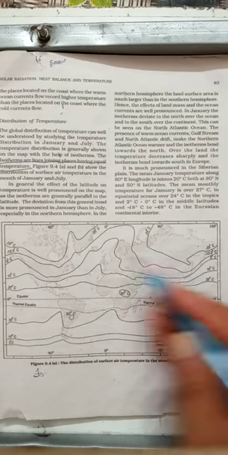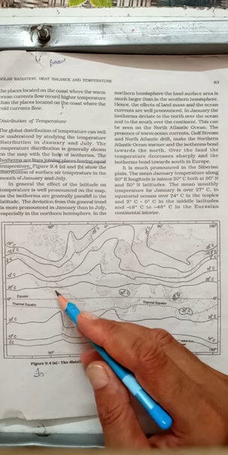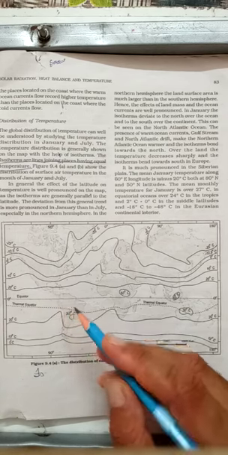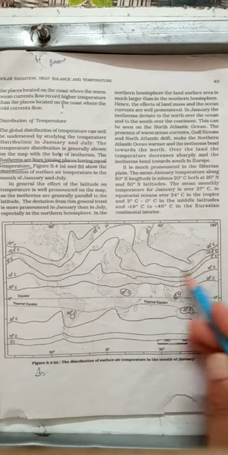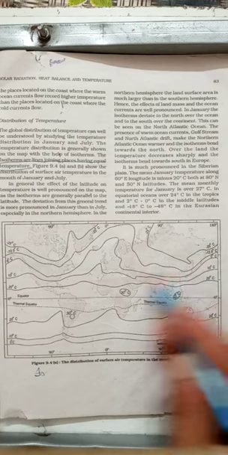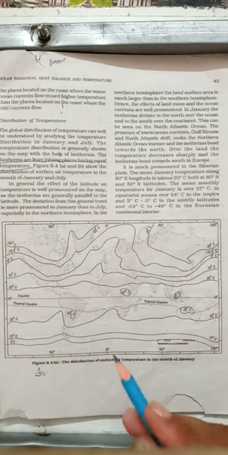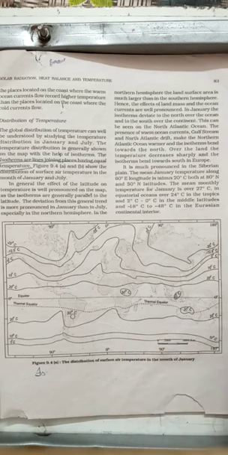You can see the different continents have been represented here, showing the distribution of temperature. These are the lines which are called isotherms. There are some salient features of these isotherms which show the general horizontal distribution of temperature across the globe.